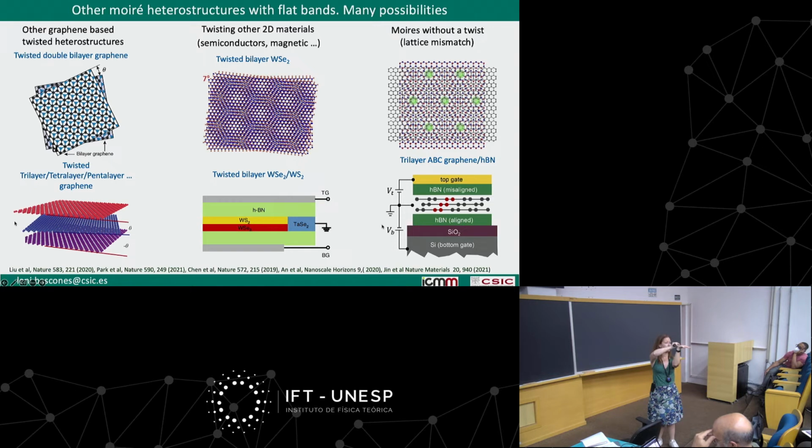They are not rotated, but they have a specific stacking, so which atom you put on top of each atom. Then if you put that on top of boron nitride, which has a slightly different lattice constant, the moiré is created due to the different lattice constant between the boron nitride and the graphene.